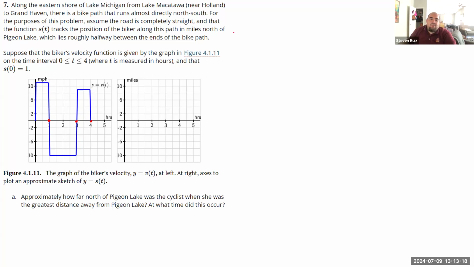So her S of 1 is going to be equal to 10 miles per hour times 1 hour. So that's 10 miles. Actually, 10 miles an hour is not quite right, is it? I think it makes more sense to say that it's 11. So 11 miles per hour times 1 hour, that's 11 miles.